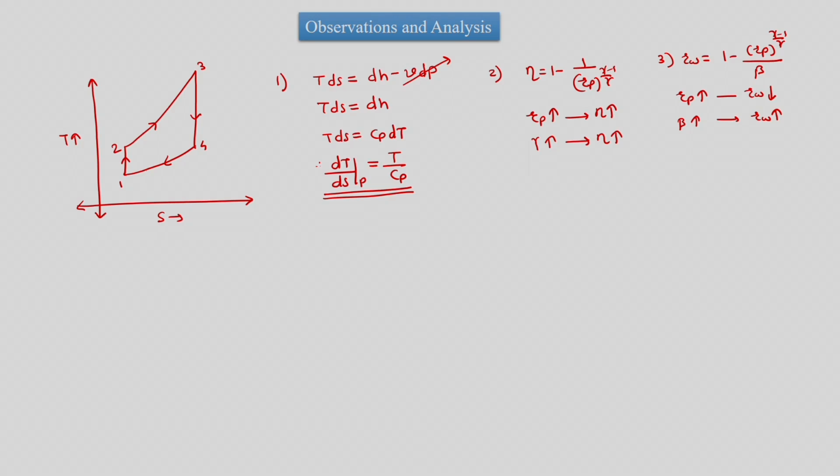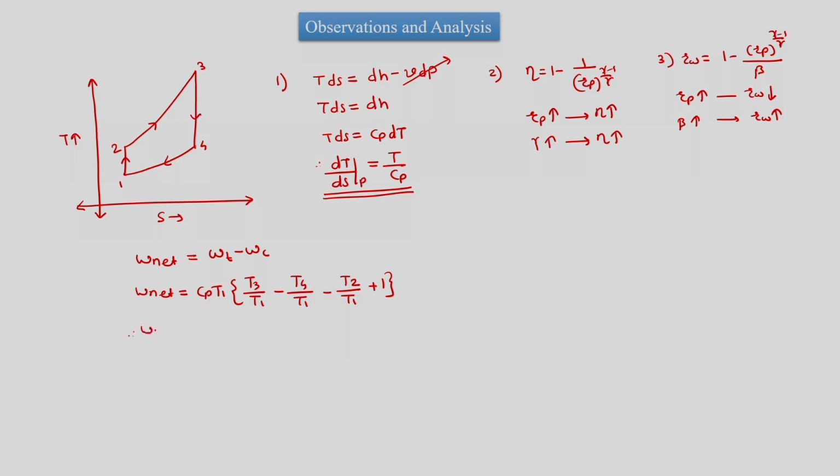Now the next point to be noted is W net. W net is equal to Wt minus Wc, and we have said that W net is Cp T1 into bracket T3 by T1 minus T4 by T1 minus T2 by T1 plus 1.